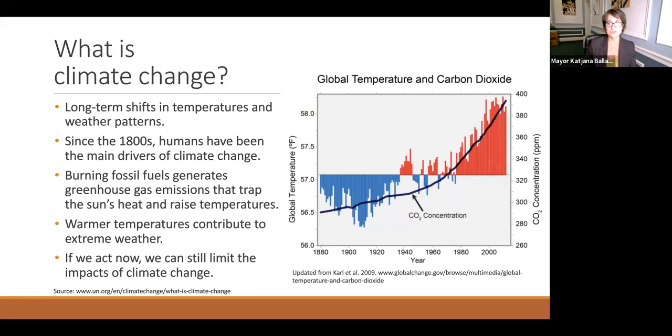Burning fossil fuels generates greenhouse gas emissions. These gases collect in the atmosphere and act like a blanket wrapped around the earth, trapping in the sun's heat and raising the temperature. Warmer temperatures contribute to extreme weather. And the important thing to know is that we can still limit the impacts of climate change if we act now.